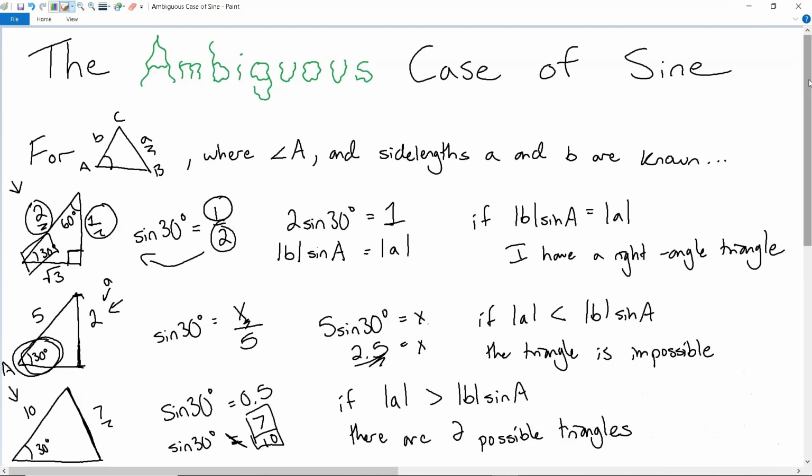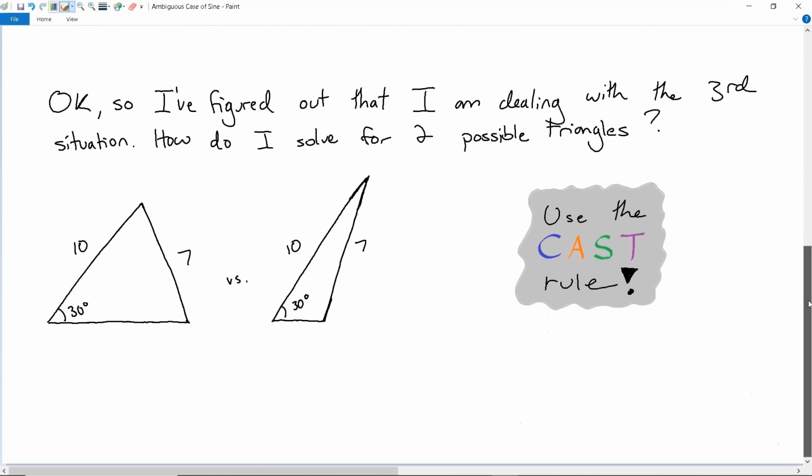That has to do with the CAST rule. And if I were to write out a quick Cartesian plane here, I'll remind you that the CAST rule just tells us when sine, cos, or tan is going to be positive or negative depending on the angle that we're dealing with.